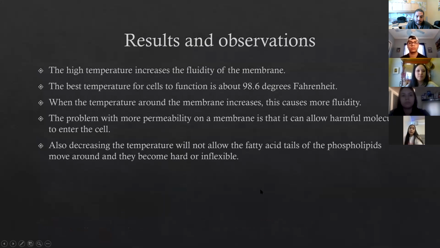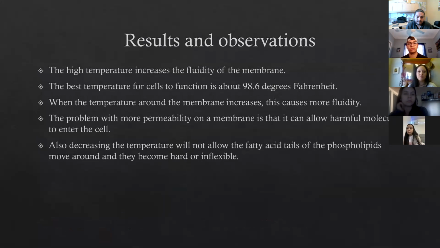For the observation, we noticed that the high temperature increases the fluidity of the membrane. The best temperature for the cells to function is above 98.6 degrees Fahrenheit. When the temperature around the membrane increases, this causes more fluidity.